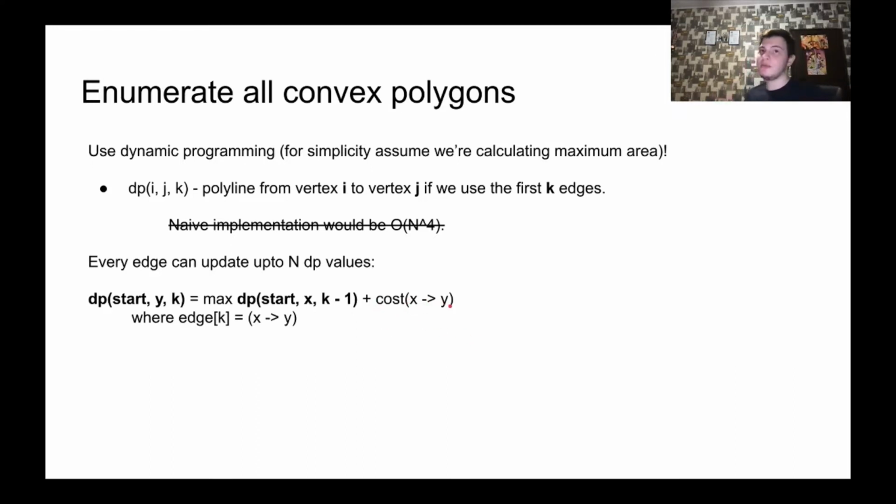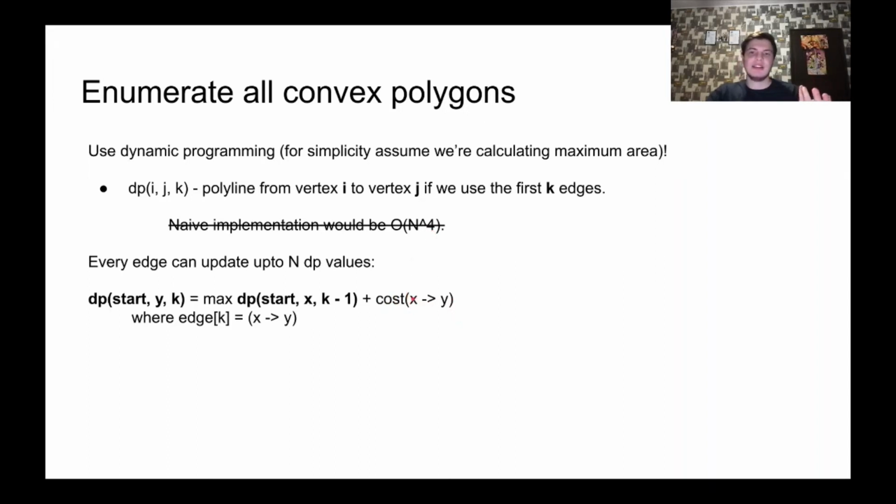Here, cost will mean basically the contribution of this edge to the overall area. And obviously this cost will just be the determinant of the matrix that's given by the 2 points, the x point and the y point.